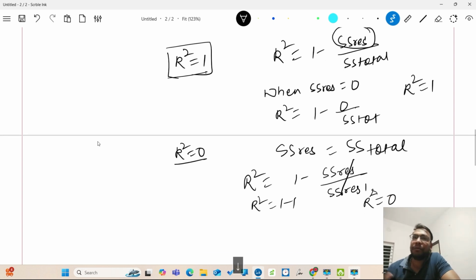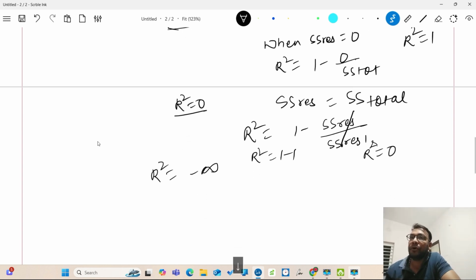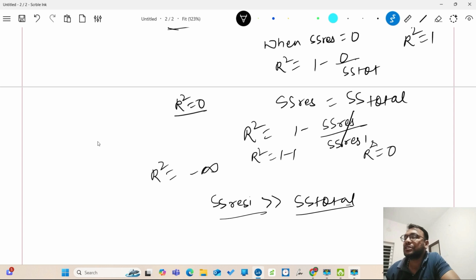Now the third part: what is the third possibility of r square? The third possibility is minus infinity. When is it possible? When the sum of residuals is much greater than the sum of totals, that condition is fulfilled. Mathematically it is possible.